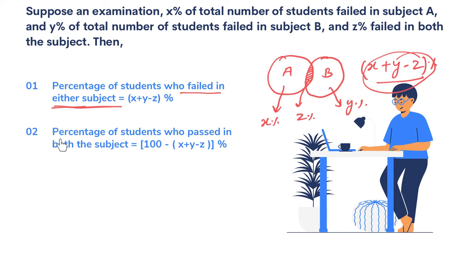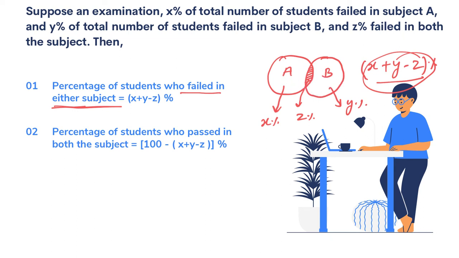Now see this concept. This is saying the percentage of students who passed in both subjects, right? If I know the students who failed in total, the rest of the students passed.